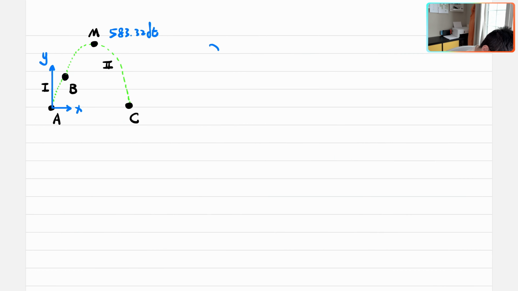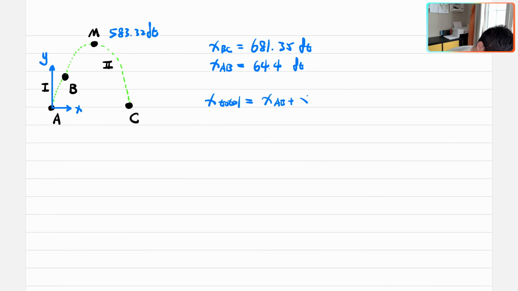Okay, so put everything together here. We've got horizontal displacement BC, 681.35. Horizontal displacement AB, we got from the first part, 64.4. So that gives you the total horizontal displacement, XAB plus XBC, is 745.75 feet. Our first answer, total horizontal displacement.